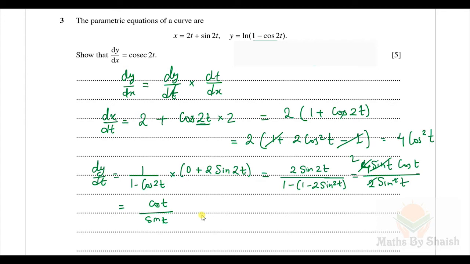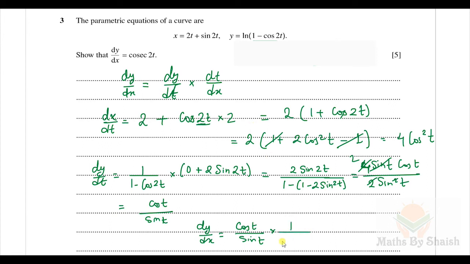Now finally we'll get dy over dx by substituting the values. It is going to be dy over dt, that is cos t over sine t, into the reciprocal of dx over dt because it is dt over dx.